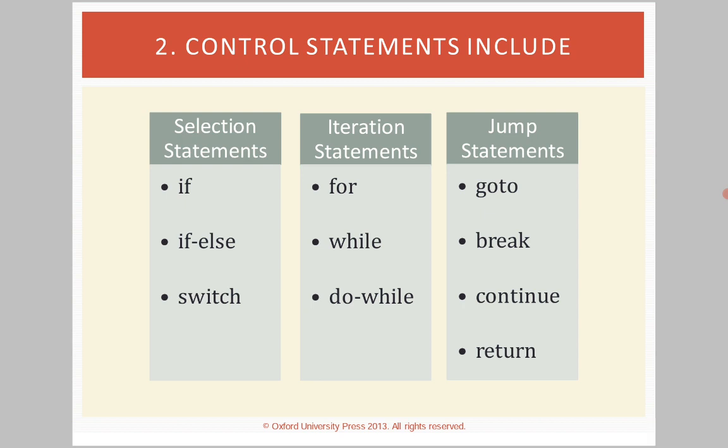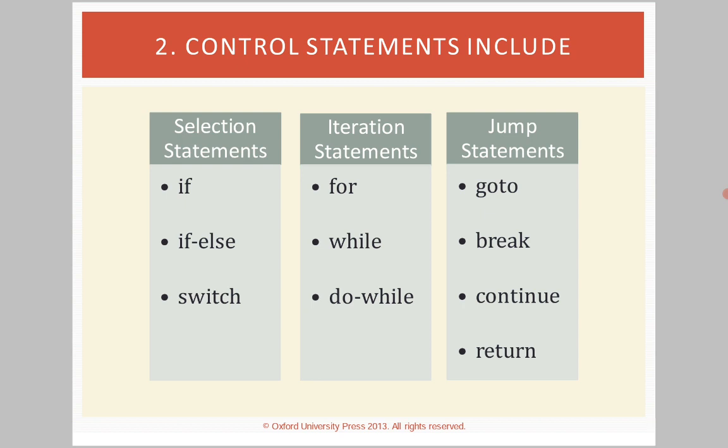What are the looping statements in C language? For loop, while loop, do while loop. The third category of control statements is called jump or jumping statements. Examples are goto, break, continue, return.